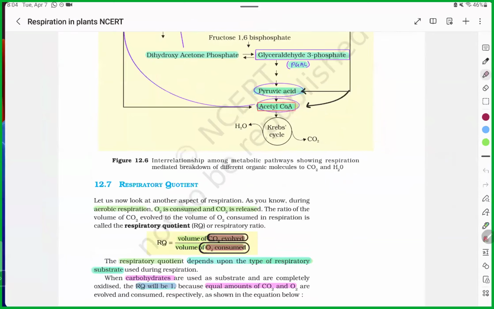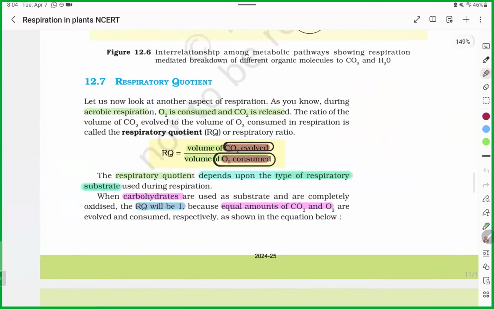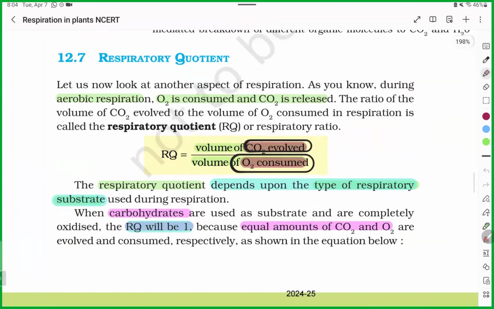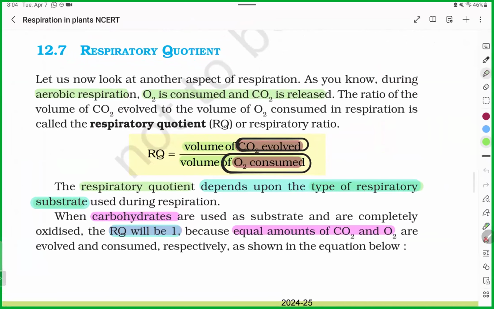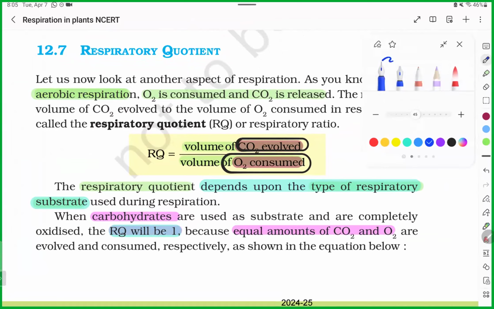Come to the topic respiratory quotient. Respiratory quotient will tell what is the efficiency of the cycle. Correct? In aerobic respiration, how much oxygen is consumed and how much CO2 is released, their ratio of the volume. Even, trust me, the word volume is important.